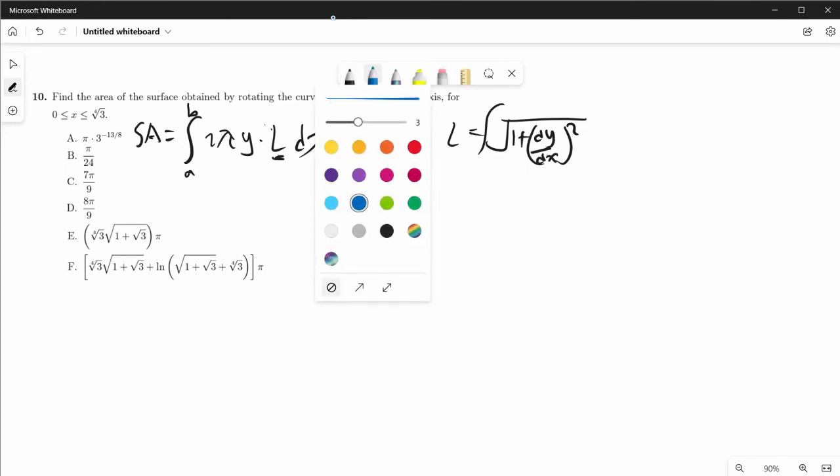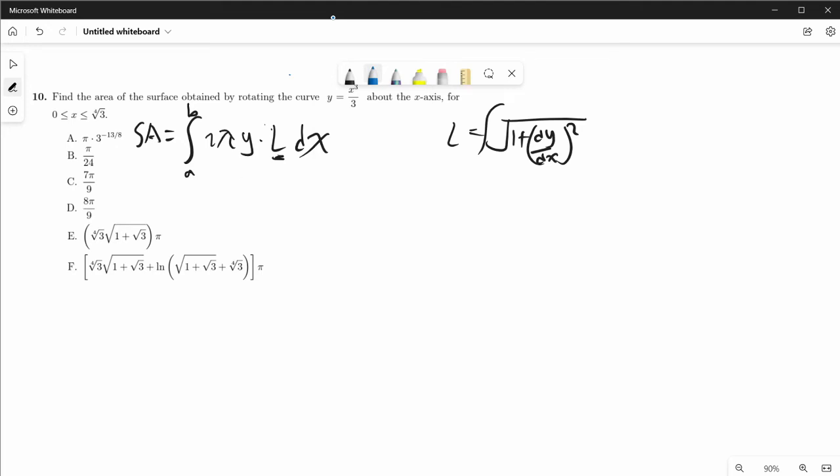Let's use blue here. So the surface area we're calculating then has bounds 0 to the 4th root of 3, 2 pi times x to the 3rd divided by 3 times the square root of 1 plus dy/dx. So that would just be x squared, squared.